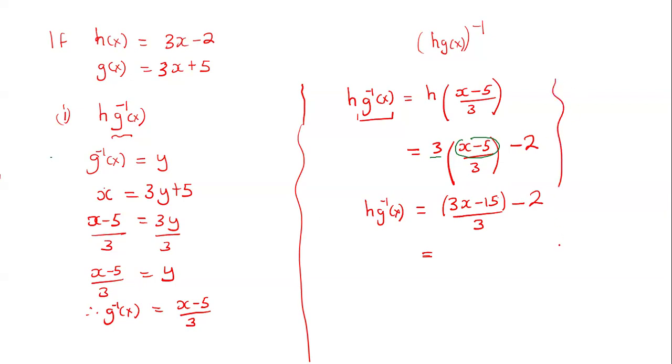But let me first remind you something. Imagine you have 4 plus 2 out of 2. What is your final answer? 6 out of 2, and your final answer is 3. Very good.